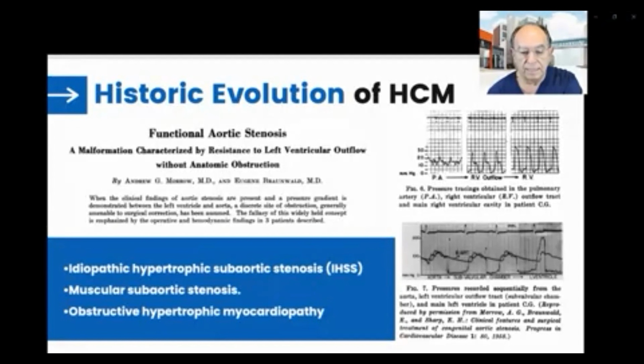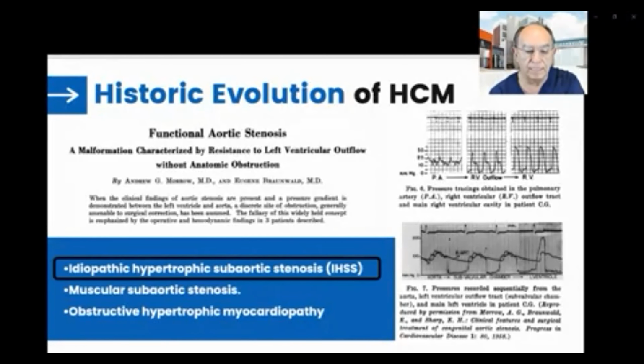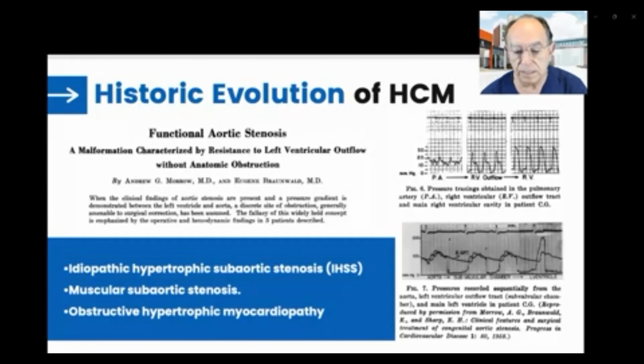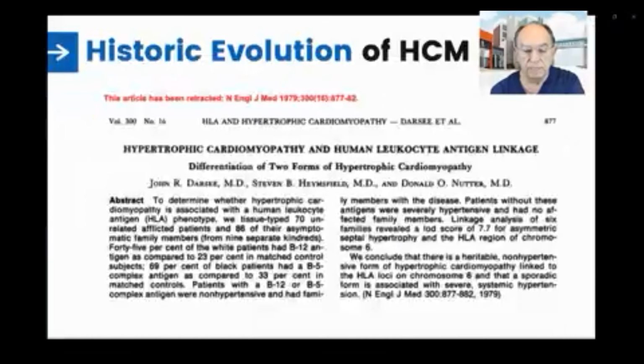They presented a group of patients with findings suggestive of aortic stenosis, and this resistance of the left ventricular outflow tract was transitory and disappeared when the blood pressure dropped. For this reason, in these articles, the most used name was idiopathic hypertrophic subaortic stenosis, but with time this name was changed to the name that I told you previously.